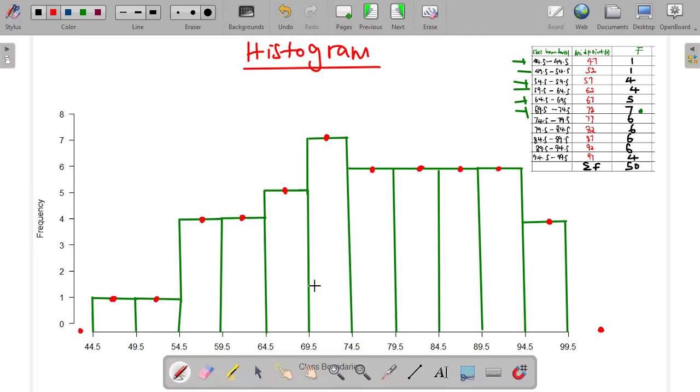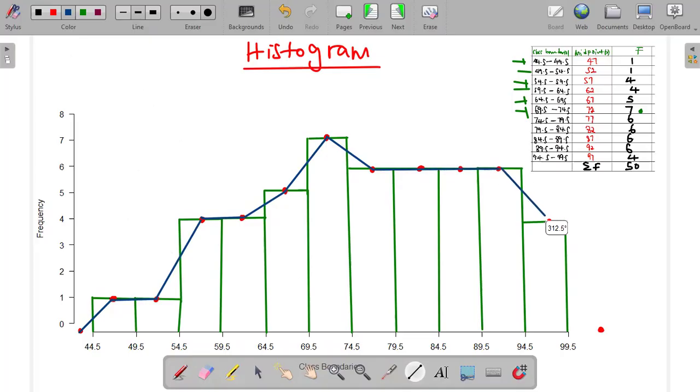Once you manage to do that, you just have to connect all these dots with a straight line. So it will be like this, then a straight line to that, then like that. It has to be a straight line, then to this, then to that, then to that, then to this, then a straight line like that.